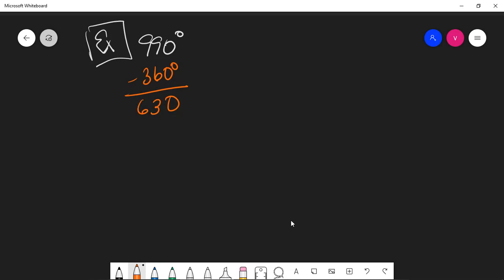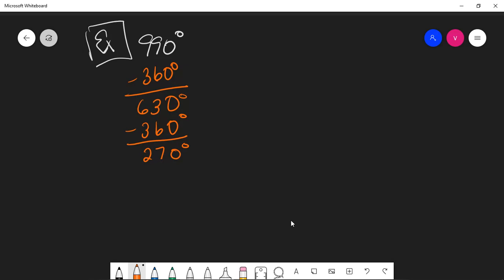Still way more than one rotation, right? So I'm going to subtract another rotation off of that. So what is that? 13 minus 6 is 7, and now 5 minus 3 is 2, 270. There you go. That looks better. That looks something like in the first rotation, right? The first 0 to 360.